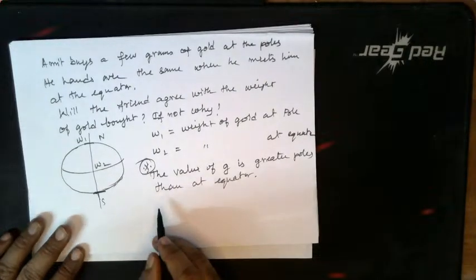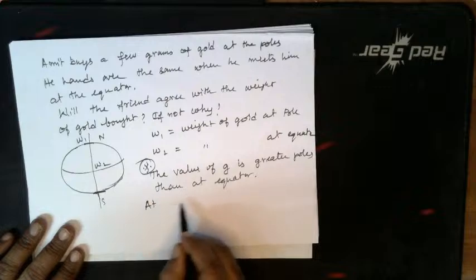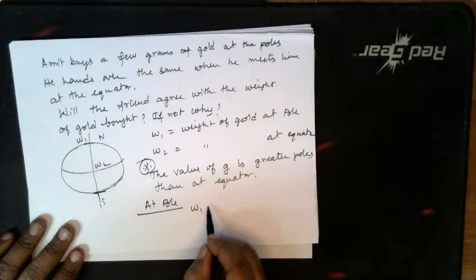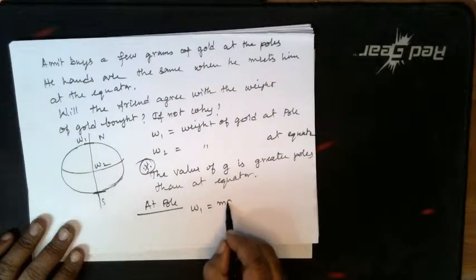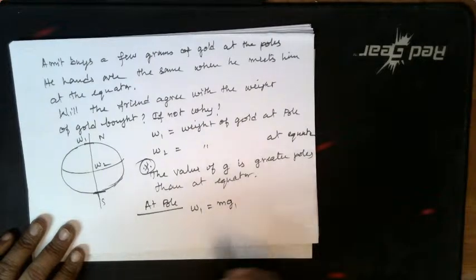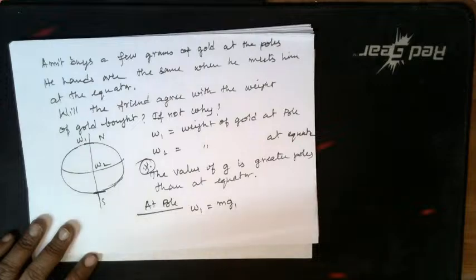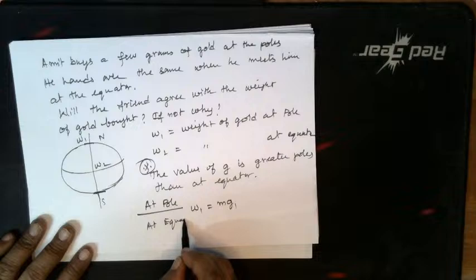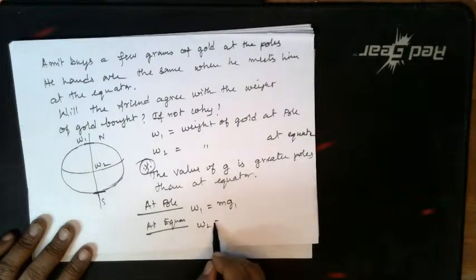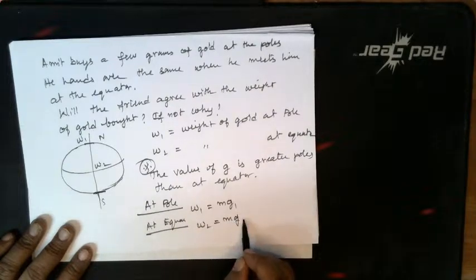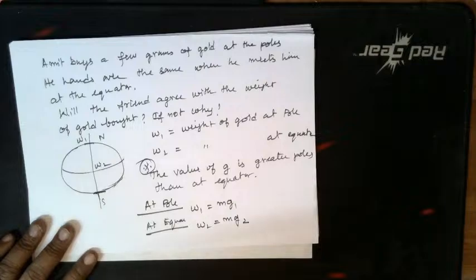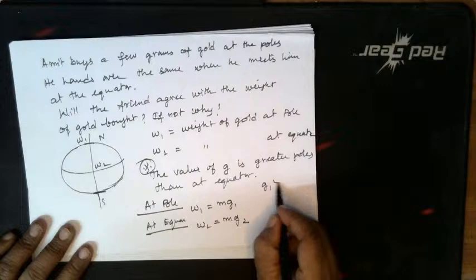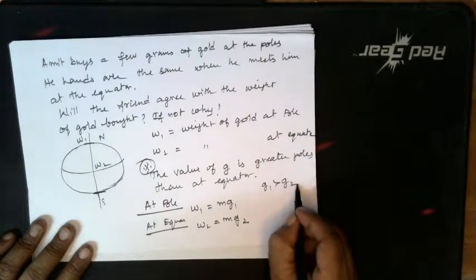So we know very well at the pole, what is W1? mg1. And at the equator, W2 is mg2. And it is clearly given g1 is greater than g2.